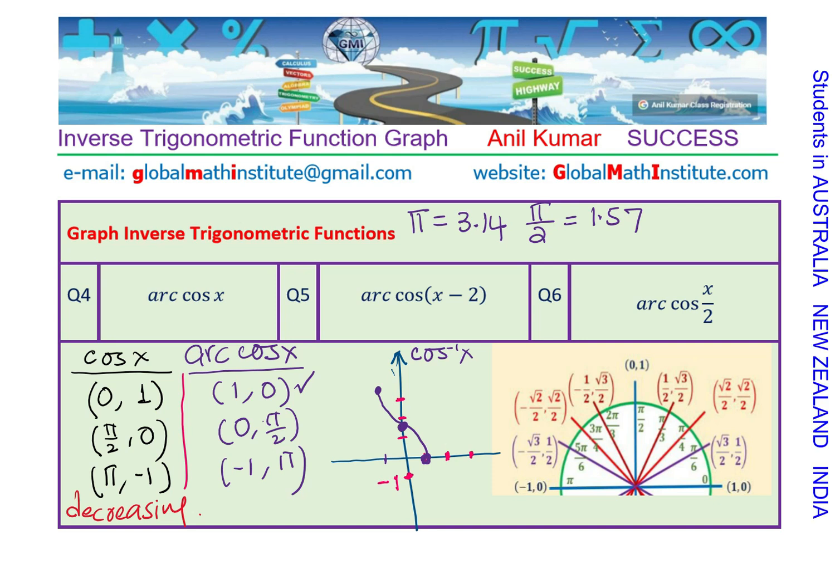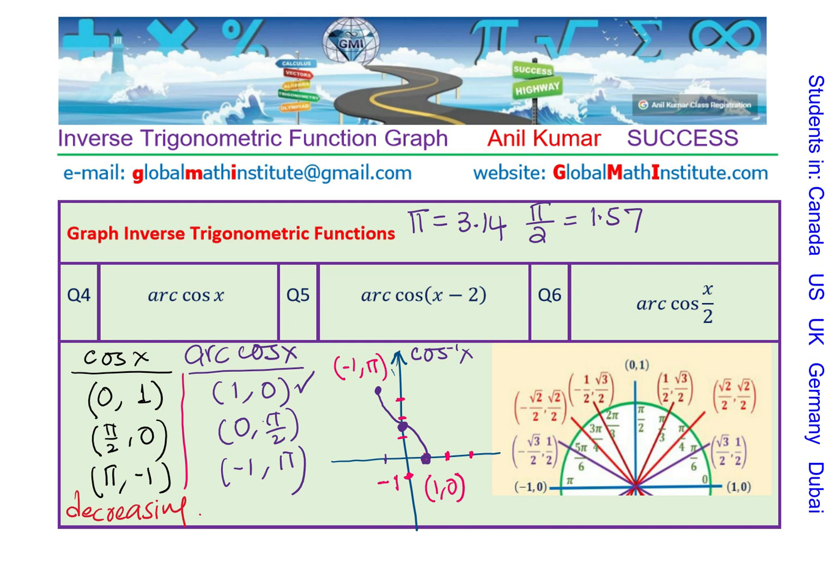So this point right on the top is actually minus 1, pi. And that point here is 1, 0, the x-intercept in this case, right? So that is cos inverse x. I will also sketch on the same scale the graph for cos x. So cos x was 1 here, right? 1. And at pi it was minus 1, correct?